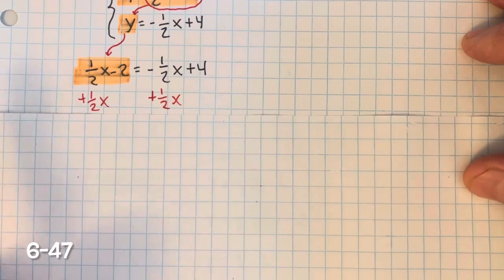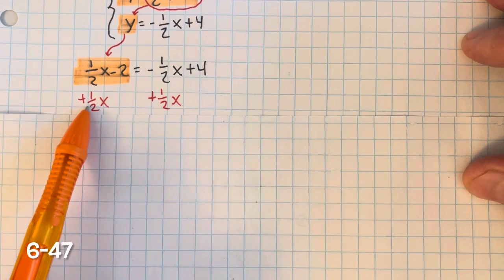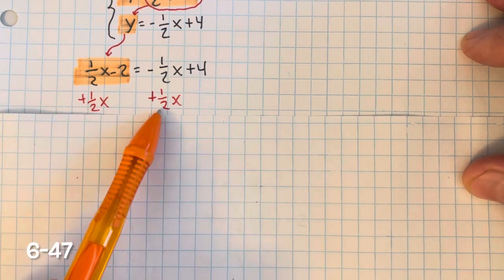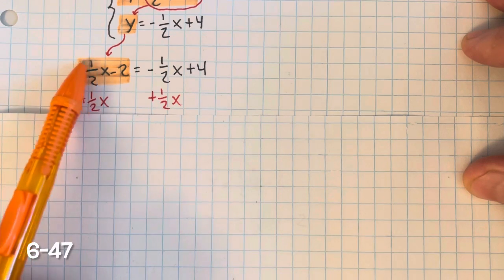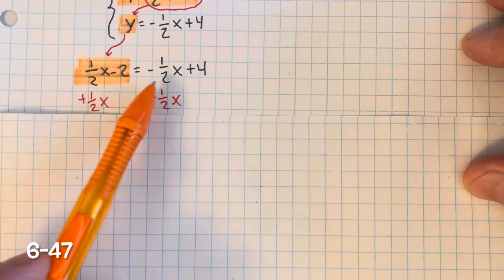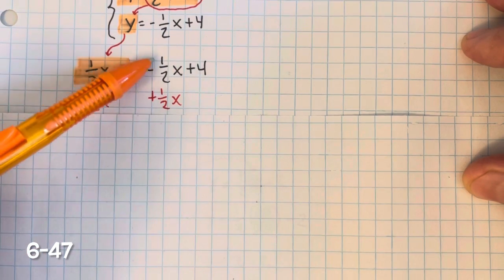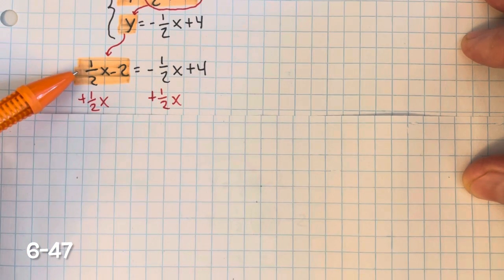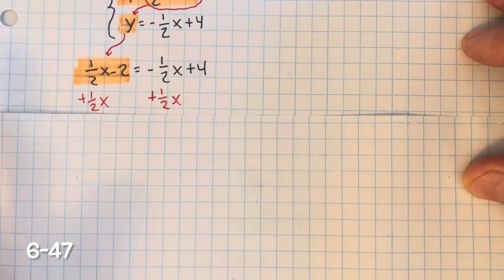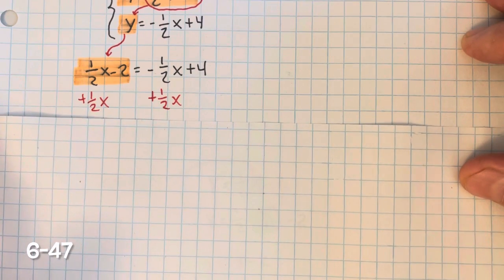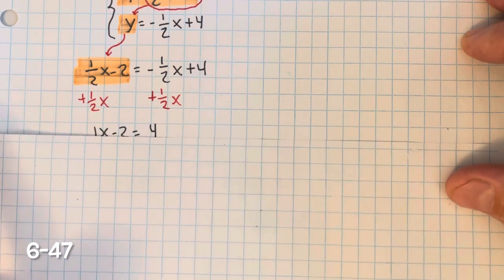And I'm going to do that by adding 1/2 x to both sides. I'm going to get x to the side that has a greater value. Well, 1/2 is greater than negative 1/2. So this creates a zero pair. And then 1/2 x plus 1/2 x equals 1 whole x. If you have a half plus a half, that equals a whole.